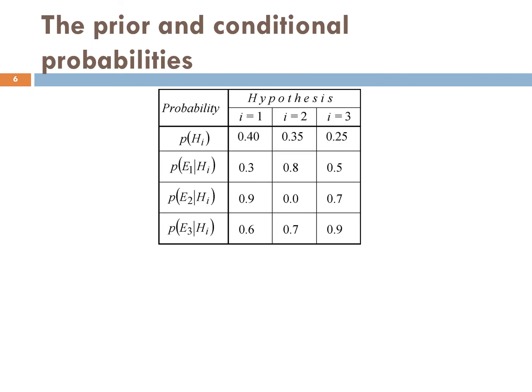So we need only to continue. So we look here, this is the probability of the hypotheses: 0.4, 0.35, and 0.25.